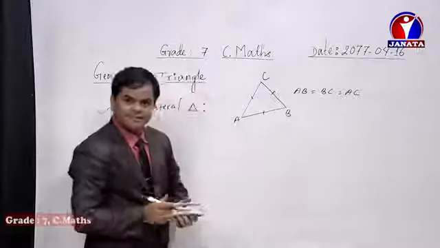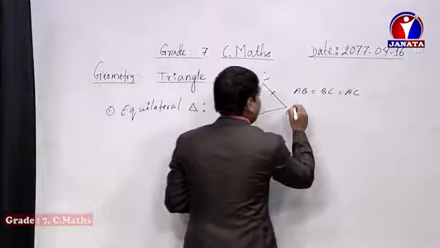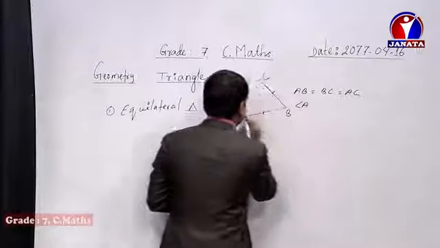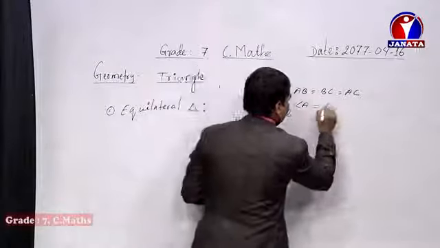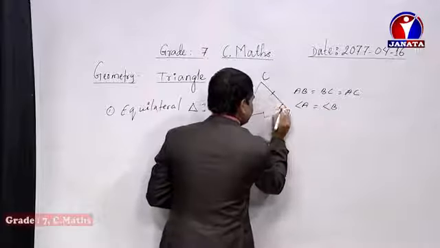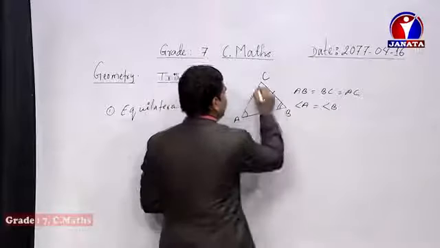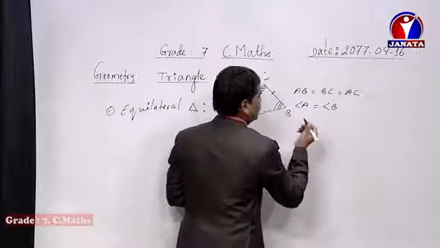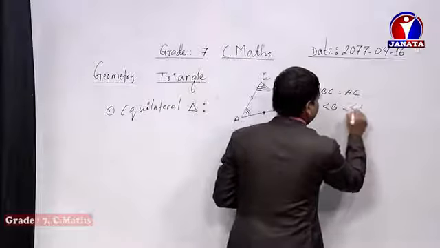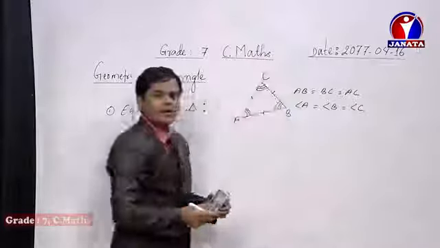Not only that, the three angles, angle A, the measure of this angle, and then angle B, the measure of this angle, and then angle C, the measure of this angle, if we measure by using the protractor, then we find them equal to each other.